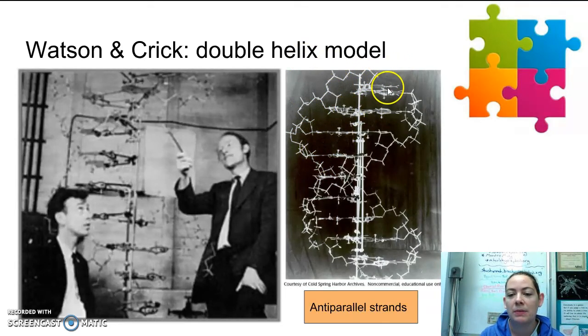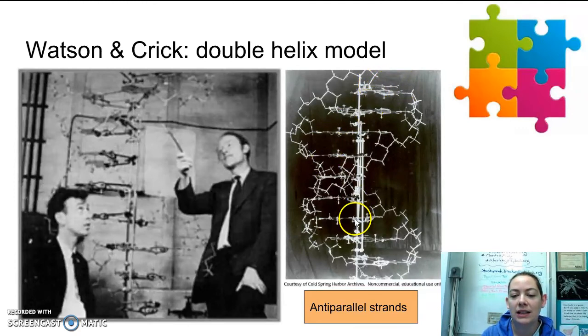And then in the middle between the two strands are the nitrogenous bases. And so this explained Chargaff's rule as well. So on one strand where there was an A, it would interact with a T on the other strand. Wherever there was a G on this strand, it would match up with a C on the other strand.